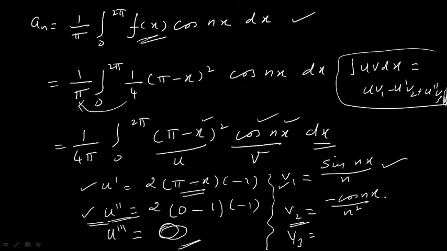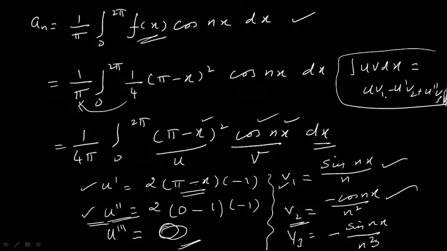You have to integrate this v2 with respect to x once again. Minus 1 by n square is a constant. Next, integrating cos nx you get sin nx divided by n. Already you have n in the denominator, so that becomes n cube. That's all. Now let me substitute the formula and we proceed as usual.